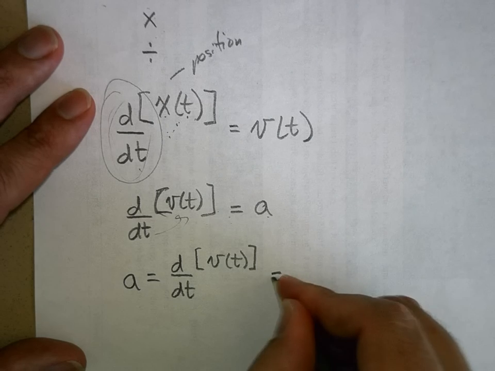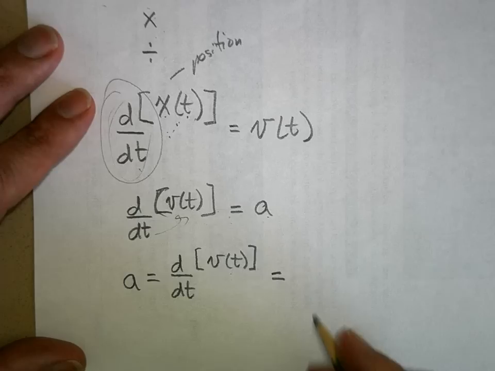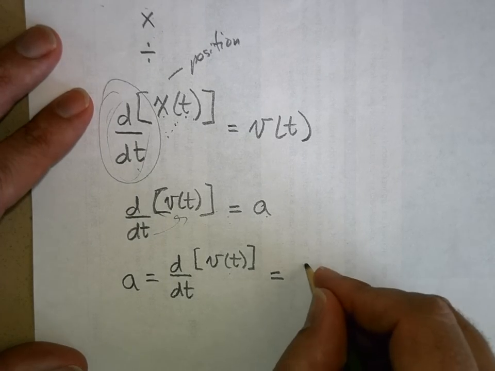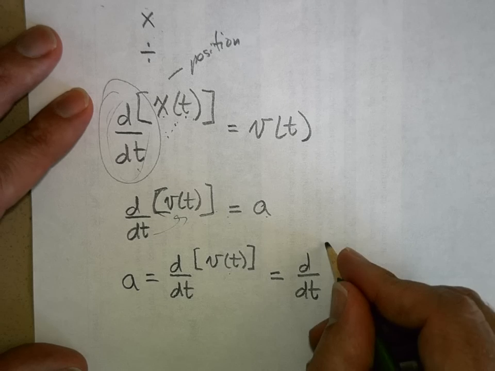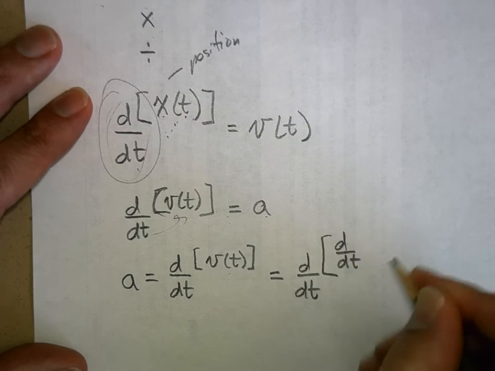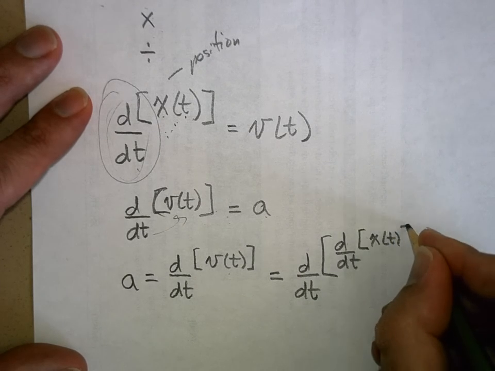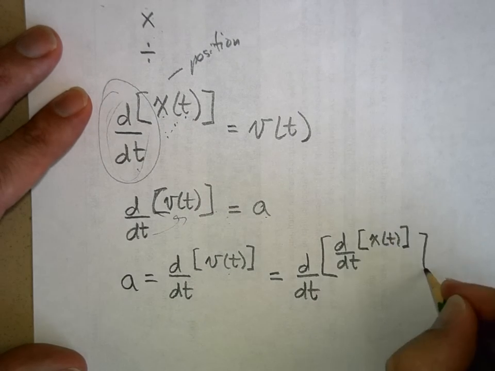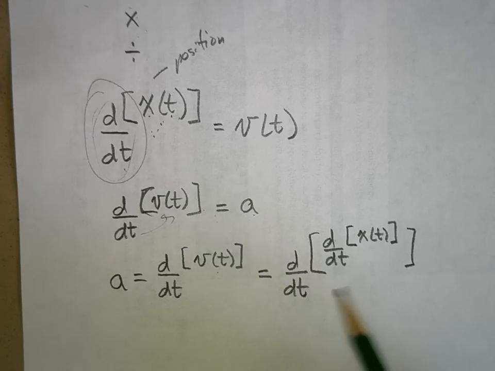But the velocity function is this. So I'm going to say, this is going to look really funky here, d/dt of position as a function of time. Okay?